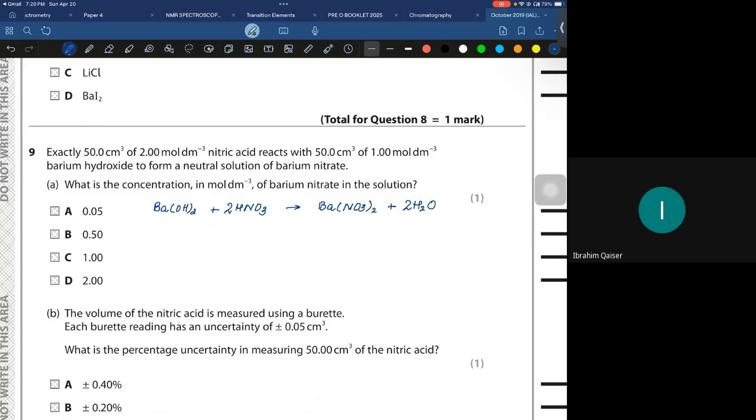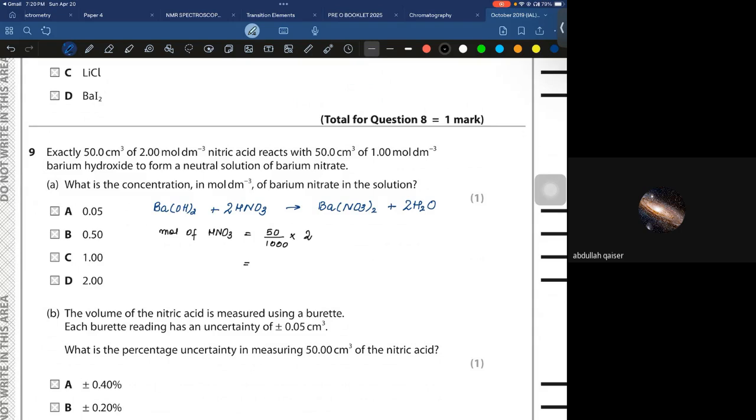So I did 50 over 1000 times 1. First of all, you have to find out the moles of nitric acid. Moles of barium nitrate divided by the volume of barium nitrate equals the concentration, right?